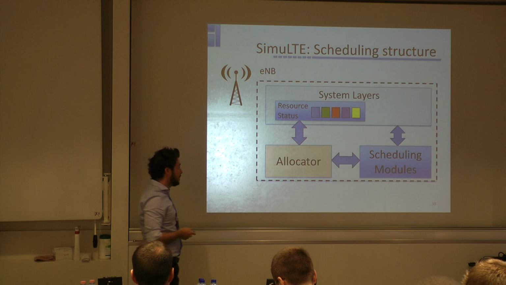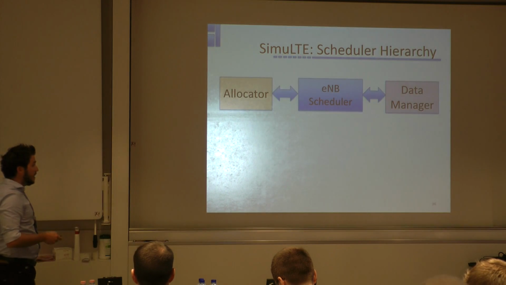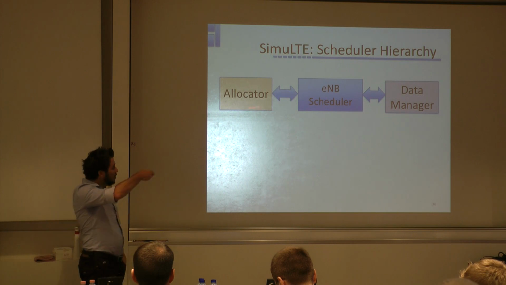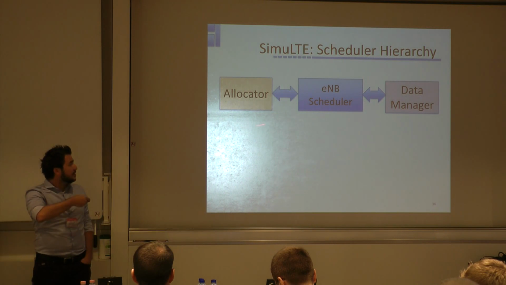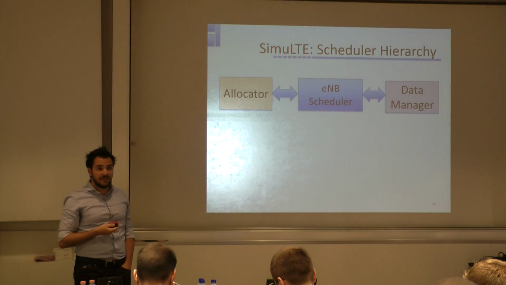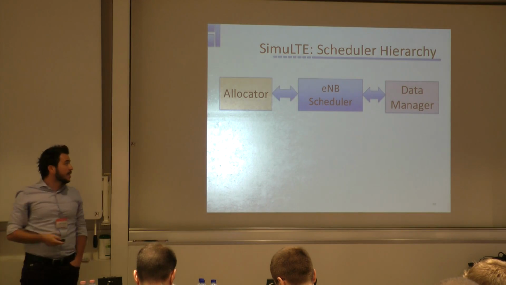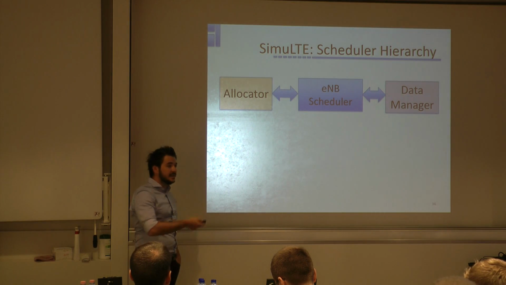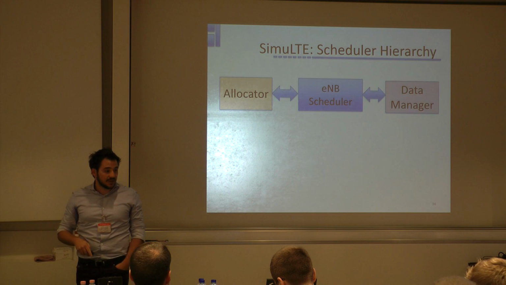Why are we doing this? If we take a deeper look at the hierarchy of the elements, we have these two interfaces here that are responsible, again, to check how many resources are available, and another connection to see how many users are alive, how much data is coming from the network, and stuff like that.